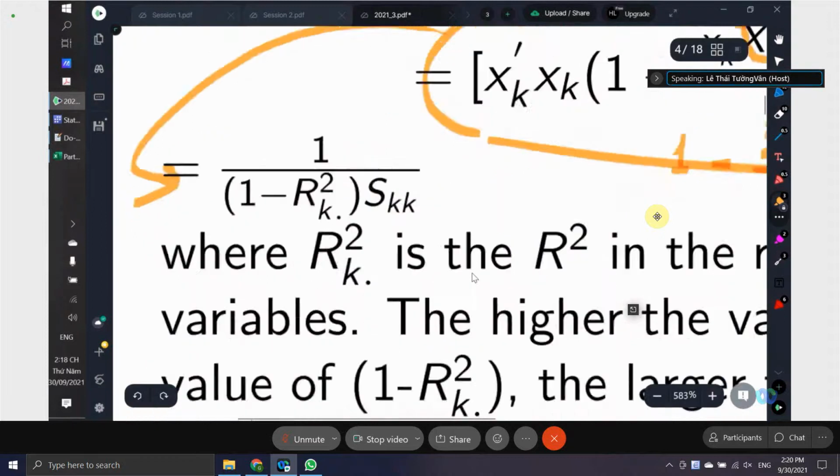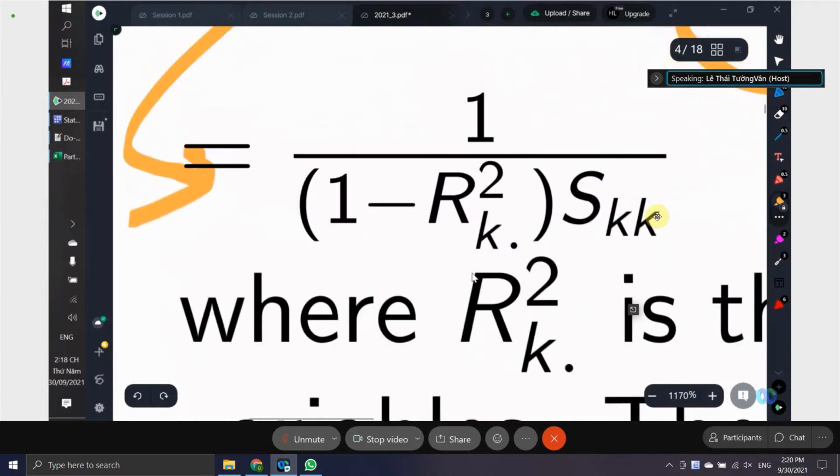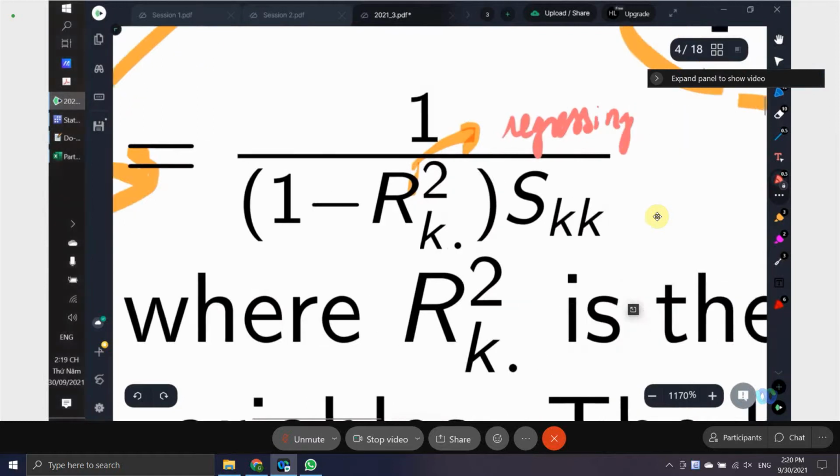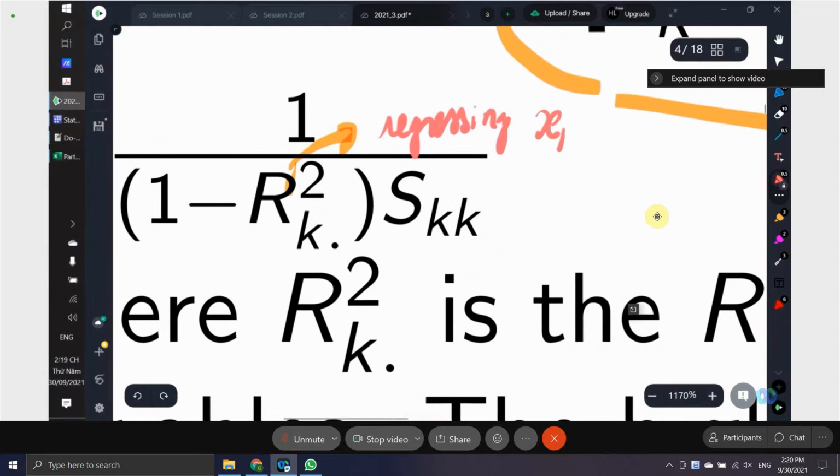That r square here is the r square from the regression. This is the r square from regressing Xk on X-k.